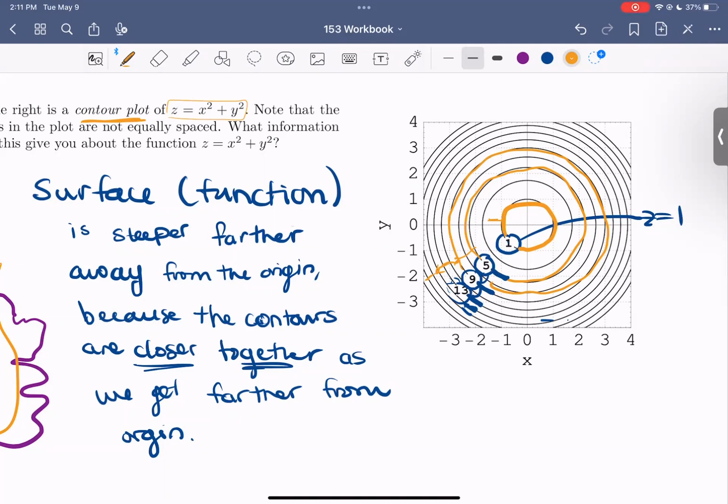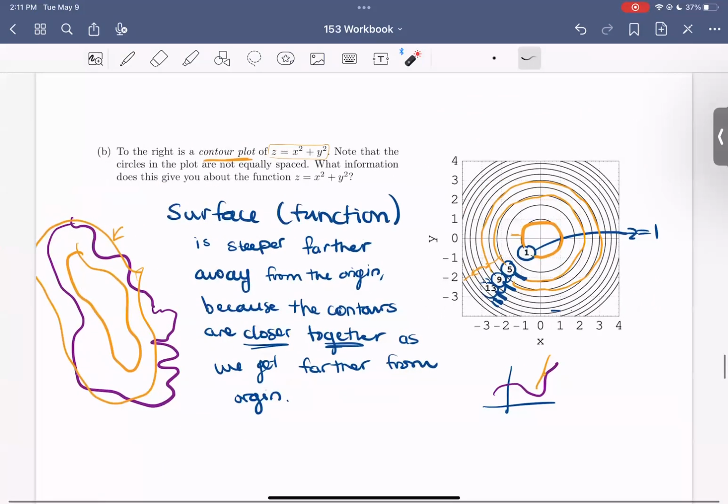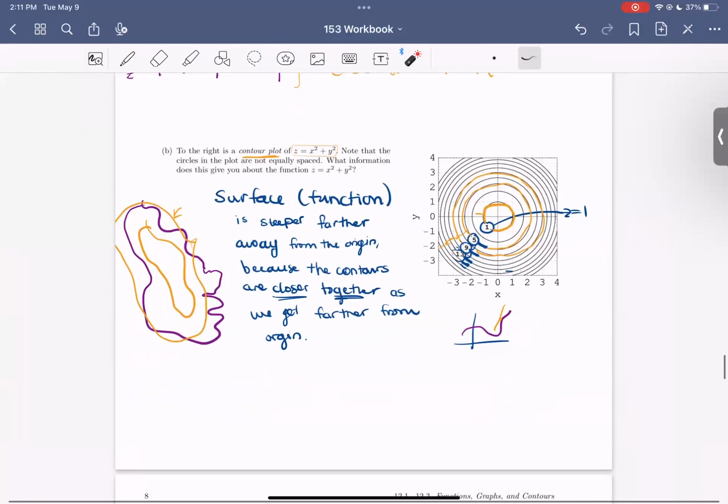Just like with functions of one variable, we might want to know where this function is the steepest, or what the rates of change of this function are at various points. We want to ask those same questions of functions of two variables, and that's going to come up in the next sections of our workbook and class together.